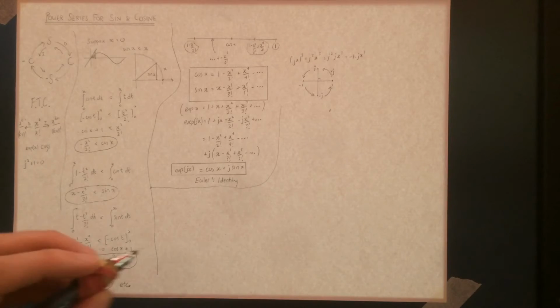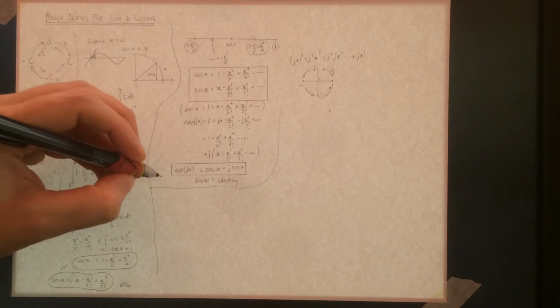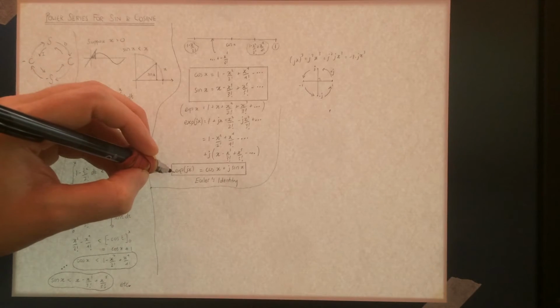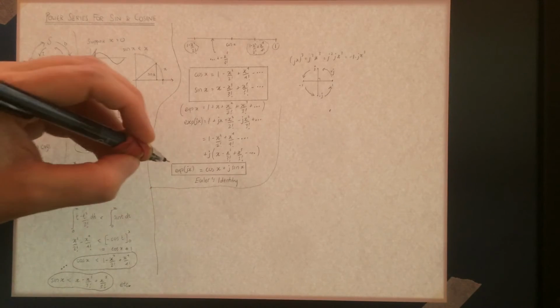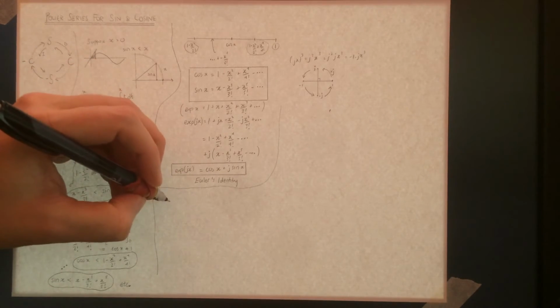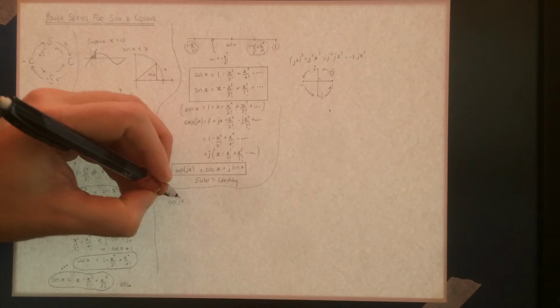Another way to make sense of Euler's identity is just to notice the slope of exp jx. What does exp jx differentiate to?